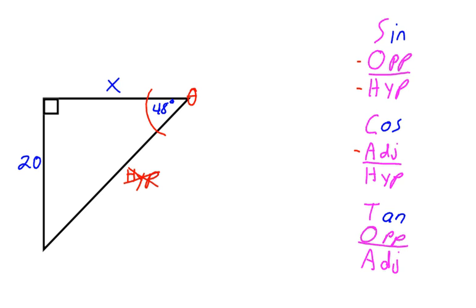If you go directly across from your reference angle, that's going to point to your opposite side. My opposite side in this case is 20. The third side, the only side that's left, has to be the adjacent side.